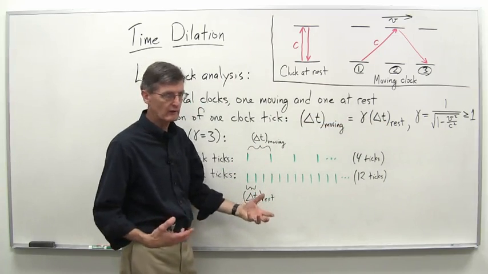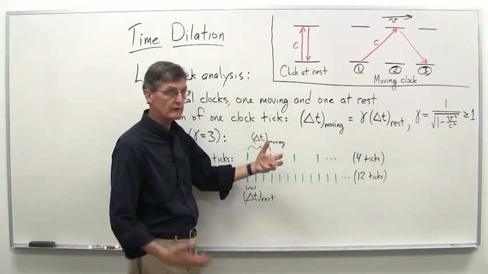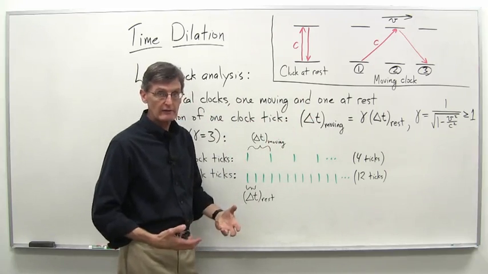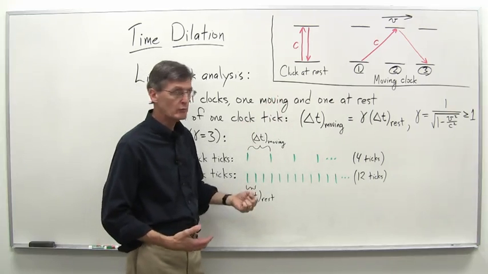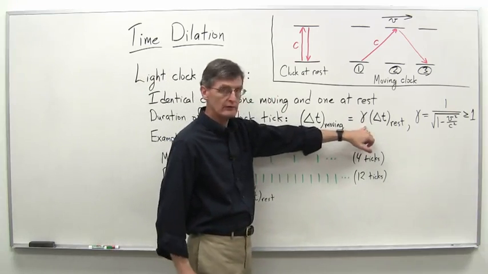So we've got two identical clocks here. And yet by putting one clock into motion, all of a sudden, from Bob's perspective, the clocks are running differently. The moving clock is running more slowly than his clock at rest.